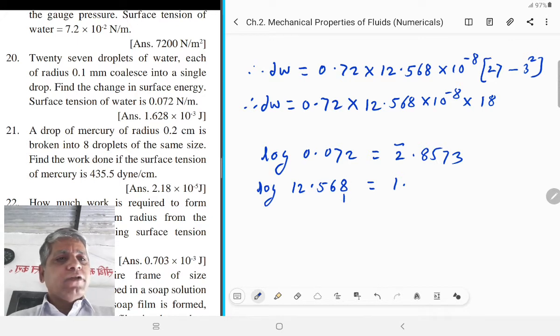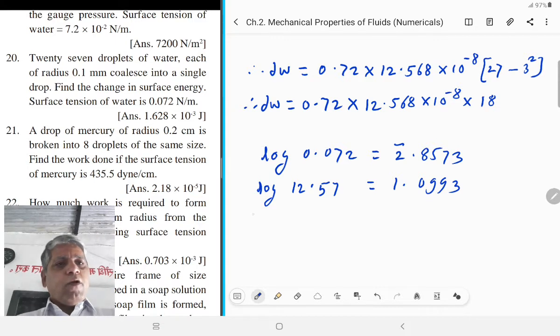Here 5th digit is greater than 5, so add 1 in previous digits. Therefore here we write, instead of 568 we write 57, and log of 12.57 is 1.0993.